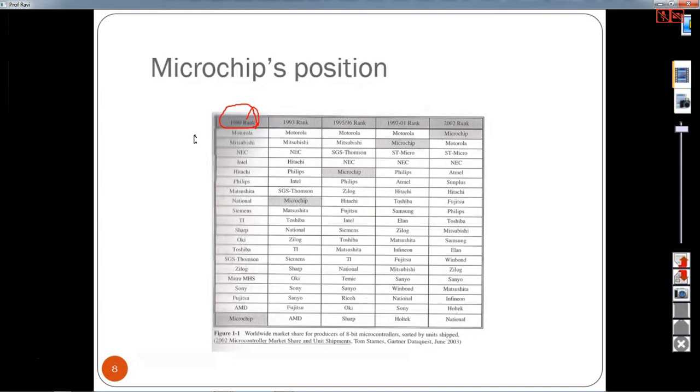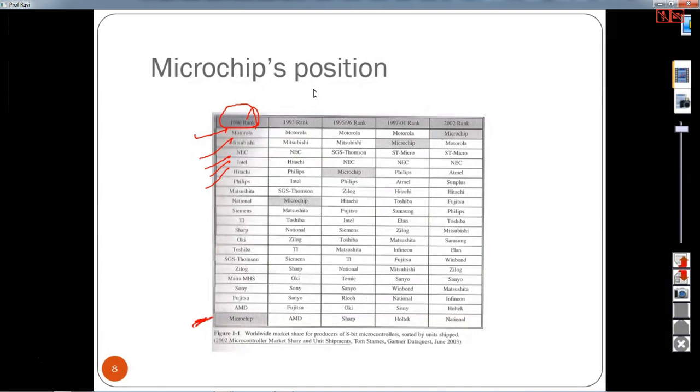This is the place of Microchip in 1990. In 1993 and in 1996 you can see how its position is moving up. In 2001, a survey says it occupies second place after Motorola, and in 2002 Microchip occupies first place.